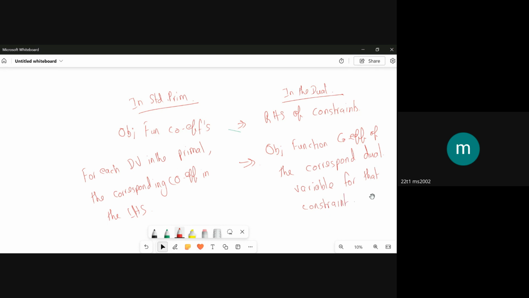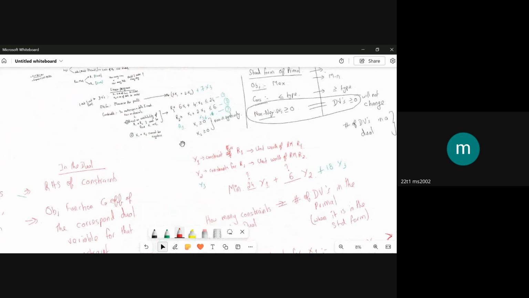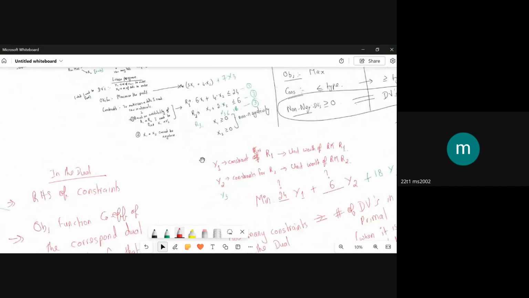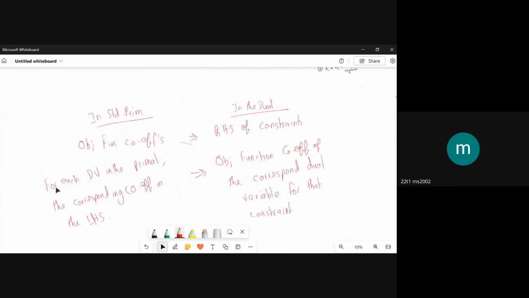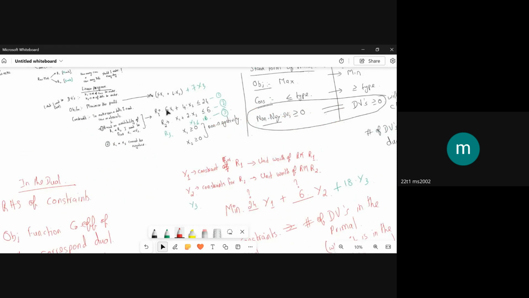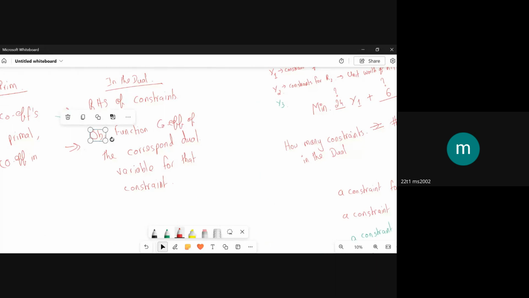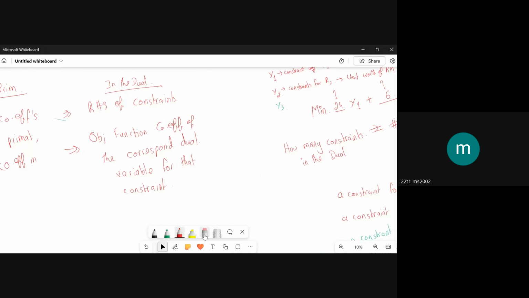What do I mean? What did I write? For each decision variable in the primal, corresponding coefficient in the LHS. Let me write this first, then I'll write the other one. So it should be the RHS. The coefficients are the RHS.